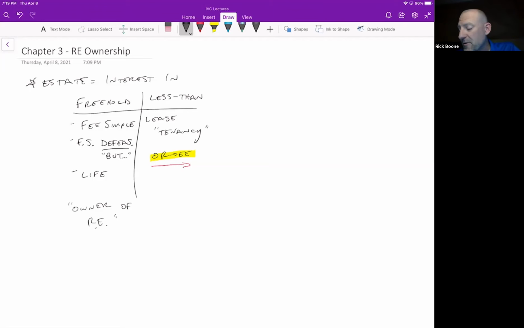On the less than freehold estate, on the less than side, we have still an ownership, but it's not in the property. The tenant, the lessee, the less than freehold estate, right, is the owner of personal property.